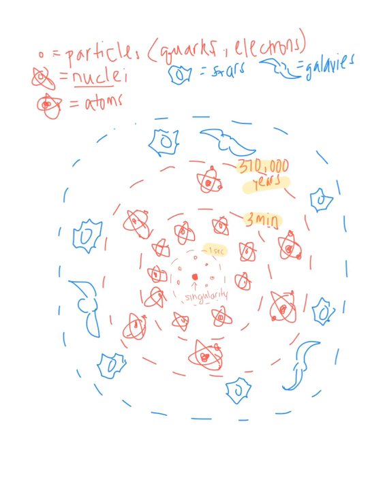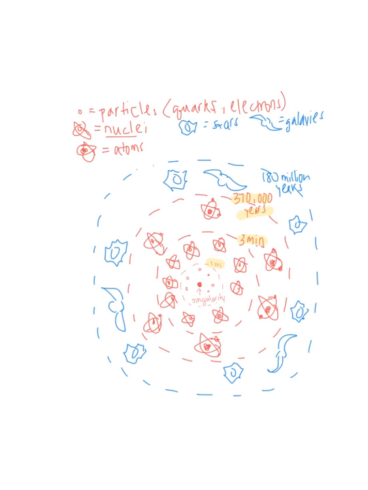How long do you think it takes us in order to get stars? Well, it takes about 180 million years from the Big Bang's formation in order for us to get stars.